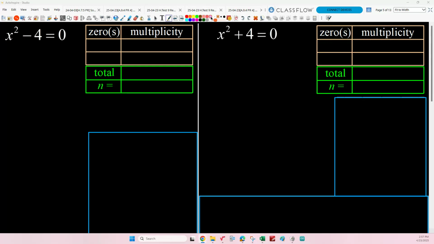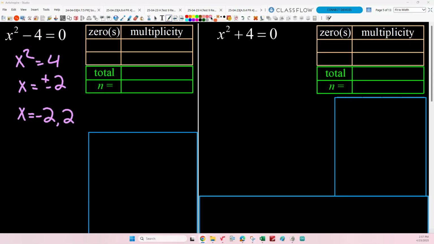I mean, you could factor, it's a difference of squares, but we'll end up in the same spot. So if I isolate x, what's my first step? So I get x squared is equal to 4. What do I do from there? If I square root both sides, what do I get? Plus or minus 2.